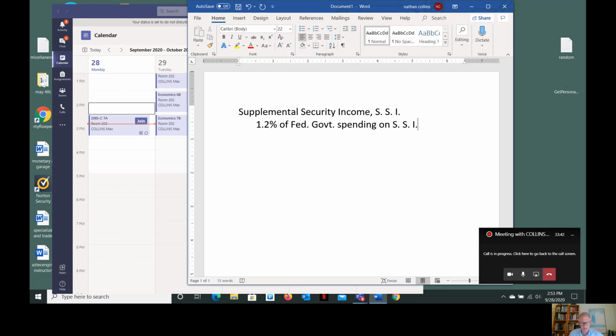It's a pretty big program, probably around $60 billion or something like that, but not nearly as big as Medicare or Social Security, right? So a little bit about Medicaid, and a very brief look at Supplemental Security Income, and we've got two more anti-poverty programs to look at. I'll be pretty brief with them.